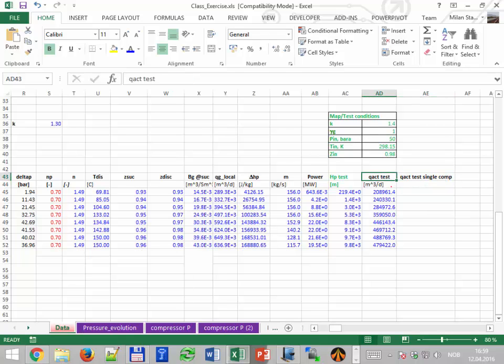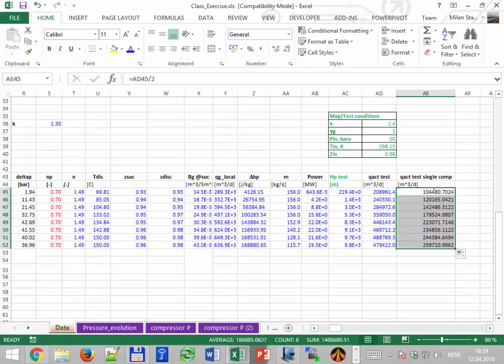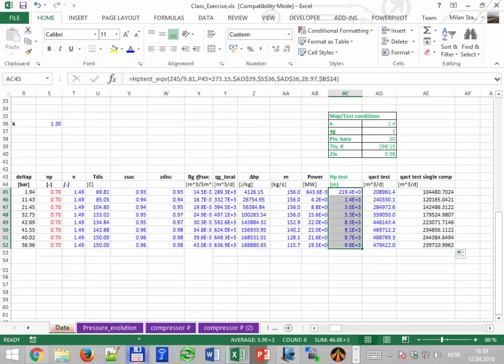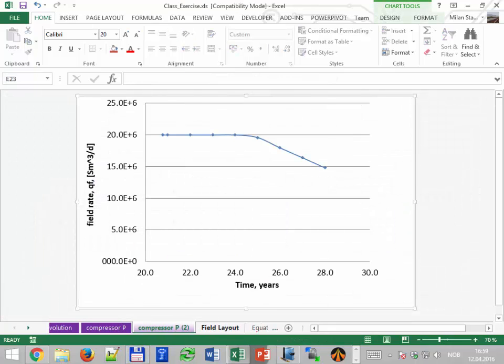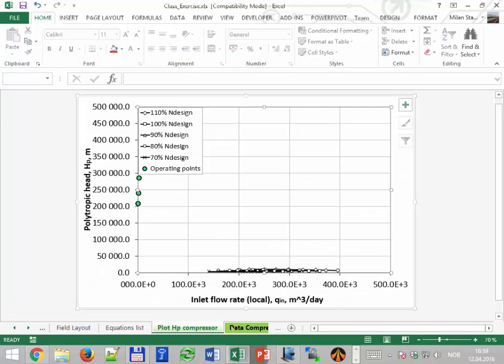And it's going to have exactly the same units, and we divide by 2. And then we are going to plot this versus this on the plot to see how they look. Okay, so let's go to the plot.